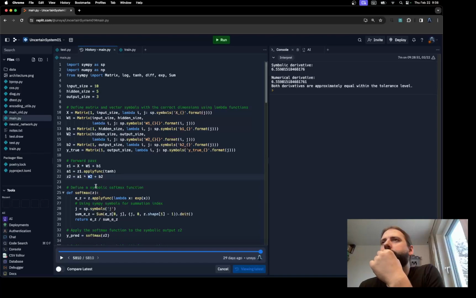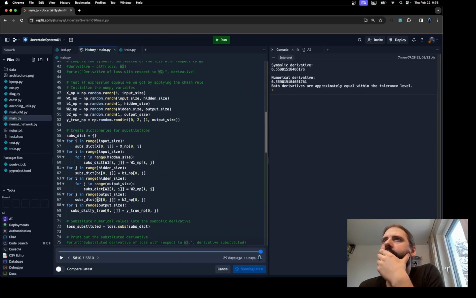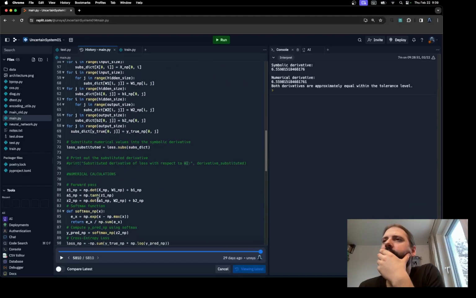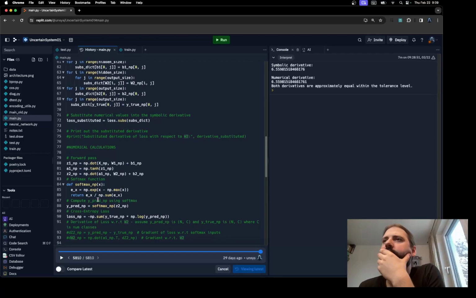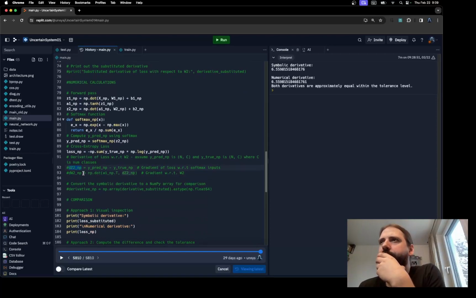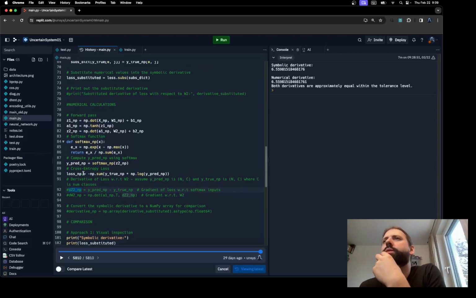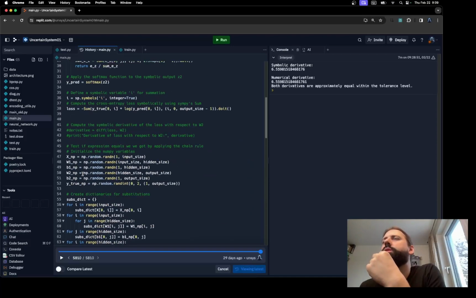W2 is just a matrix. The derivative of W2, derivative of Z2, the softmax inputs.